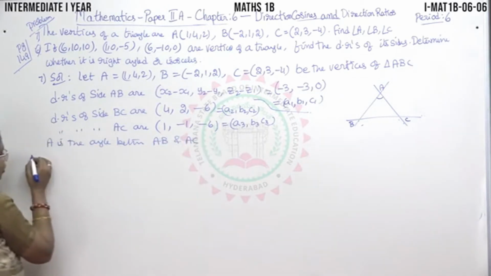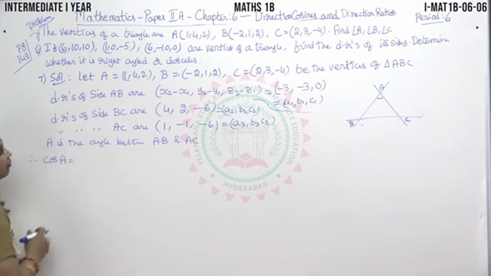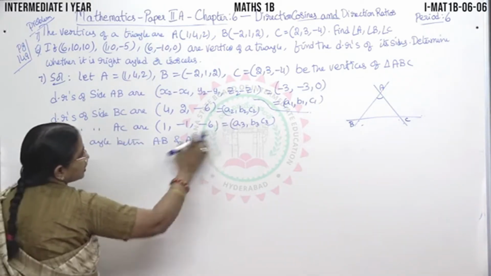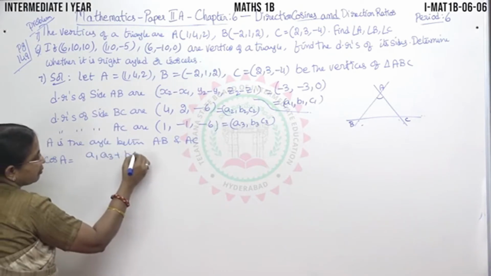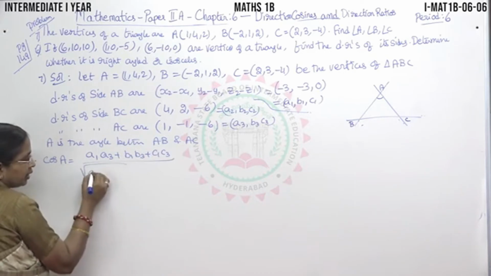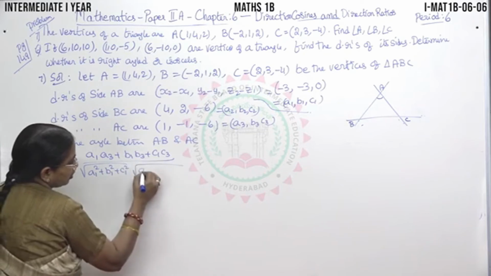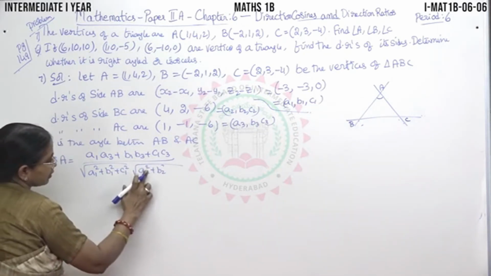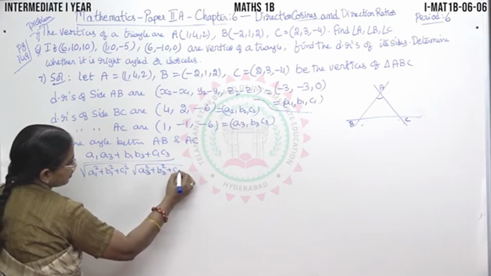So therefore, cos A is equal to what? The direction ratios of AB are A1, B1, C1. Direction ratios of AC, A3, B3, C3. So write the formula as A1 A3 plus B1 B3 plus C1 C3 by root of A1 square plus B1 square plus C1 square into root of A3 square plus B3 square plus C3 square.